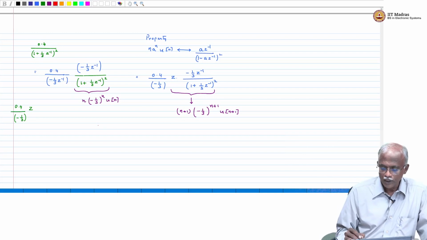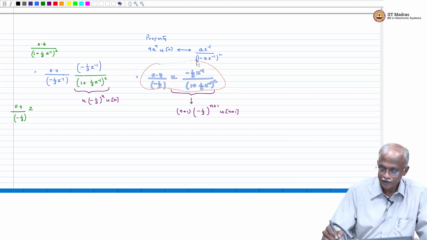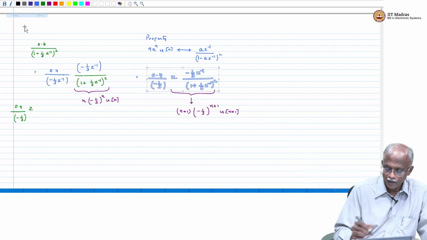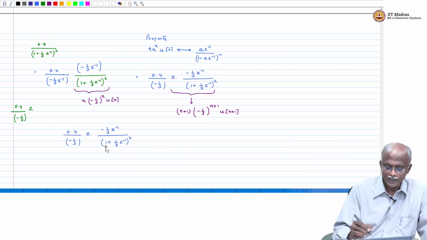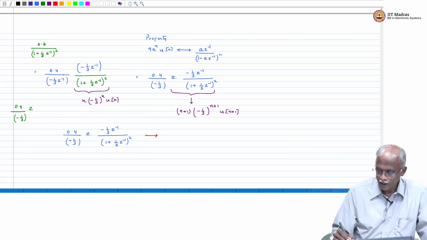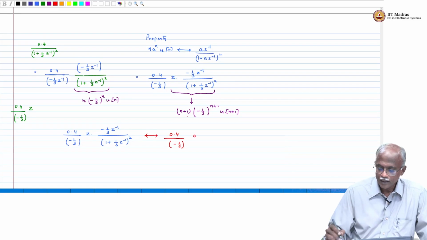Now basically what you're left with is the remaining term. So therefore, this particular expression corresponds to a time domain sequence which has a scale factor of 0.4 divided by minus 1 by 3.